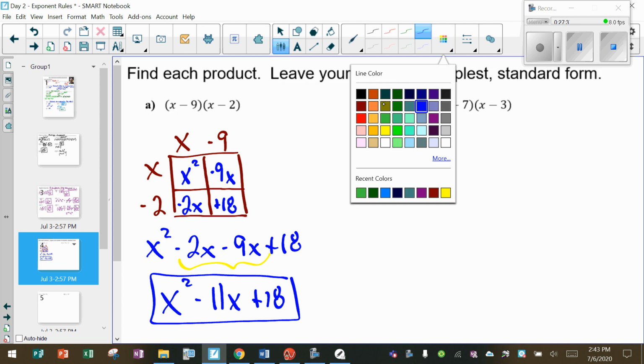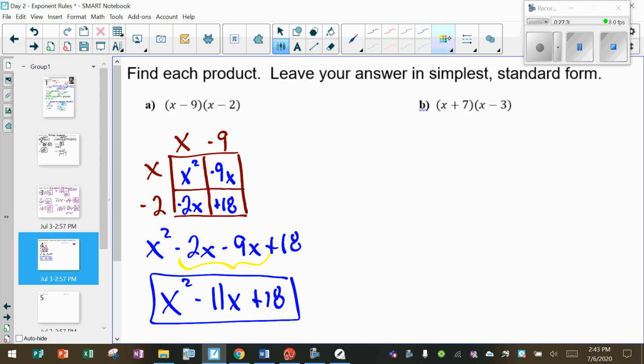So one way that some teachers call this is FOIL. They say F-O-I-L. I'm going to use colors to help show you what the FOIL stands for. The F is the first term in each parentheses. So that means x times x. The O is the outer term. That means the very first in the front to the left, all the way to the back and the right.